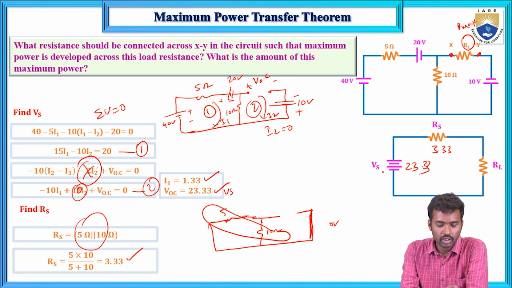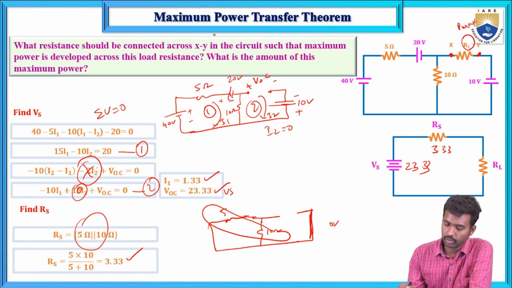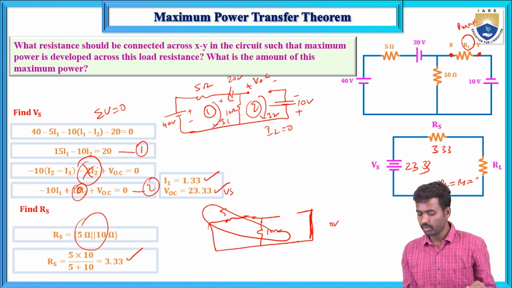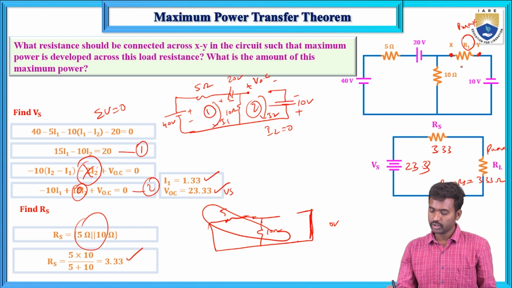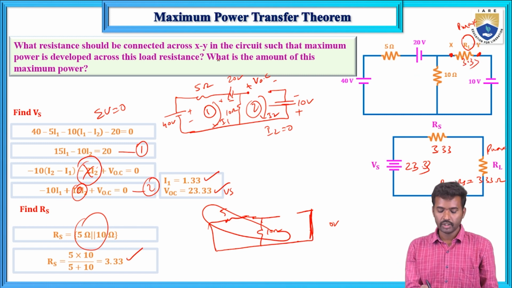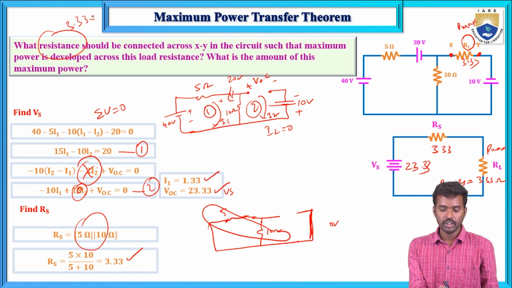The resistance connected across the XY terminals such that maximum power is transferred to the load means RL equals RS according to the maximum power transfer theorem, so that resistance is 3.33 ohms.